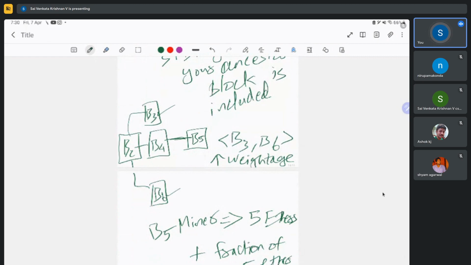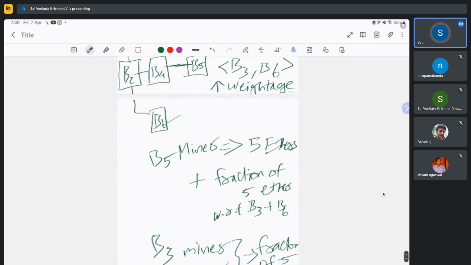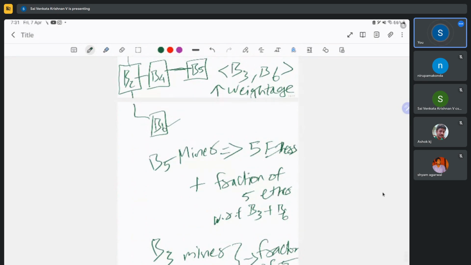So you'll be getting less reward. You'll just be getting your own block reward. Whereas in the B5 miner scenario, you'll be getting a fraction of the B3 and B6 rewards also. So it is economically incentivized to communicate with the other nodes.